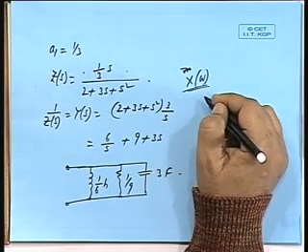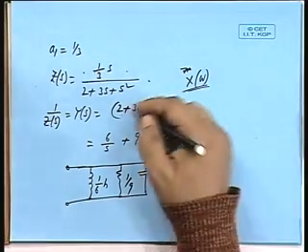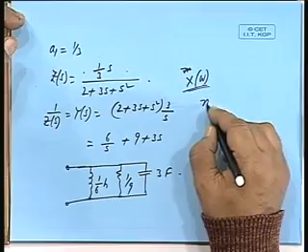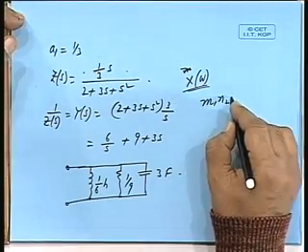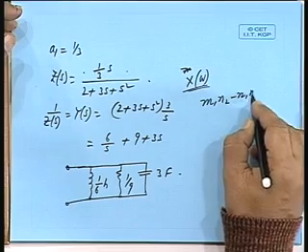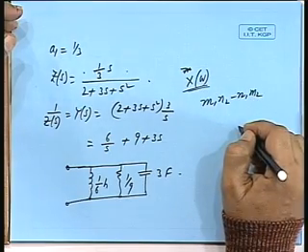If I ask you to calculate the imaginary part, what do you do? Directly put s equal to j omega, take out the imaginary part, or otherwise m1 n2, the odd part, minus n1 m2, this part divided by m2 square minus n2 square.